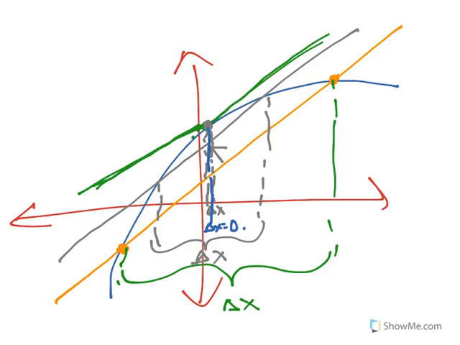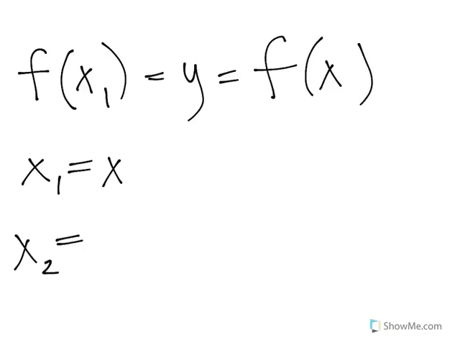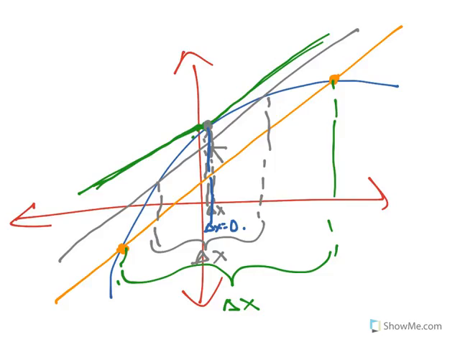If we want f of x1, where x1 is just x, we get that y is equal to f of x. And if we say that x2 is x plus some change in x, as you can see here, we have x1, then we add that small change, and we get x2.